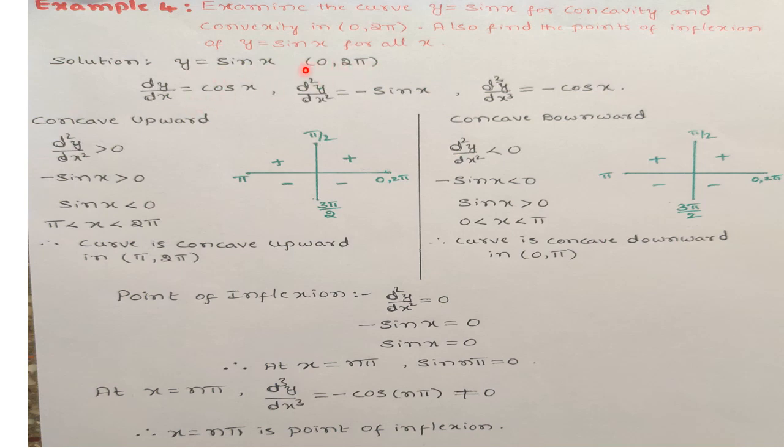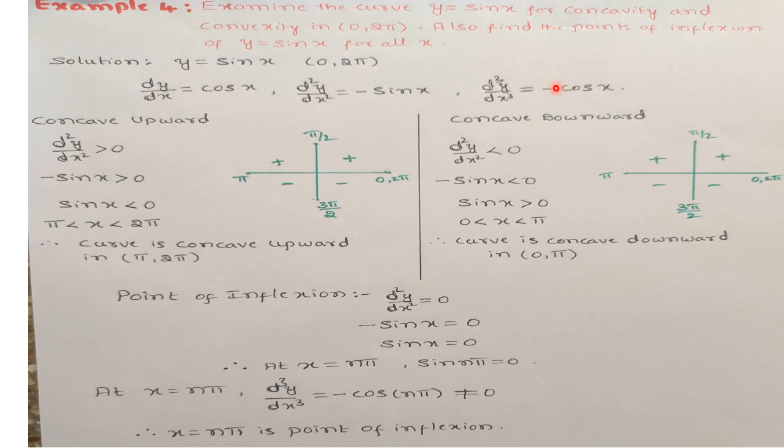Differentiation of this one: dy by dx, sin x differentiation is cos x. Again differentiating, cos x differentiation is minus sin x. Again differentiation of this one, d cube y divided by dx cube is equal to minus, as it is, sin x differentiation is cos x.